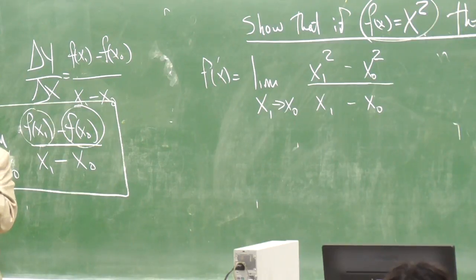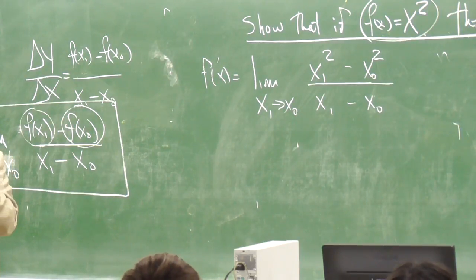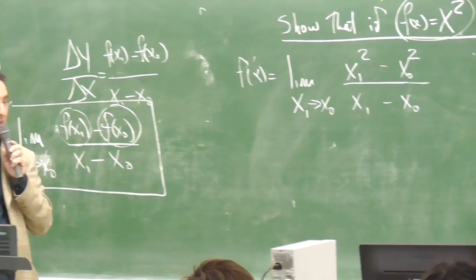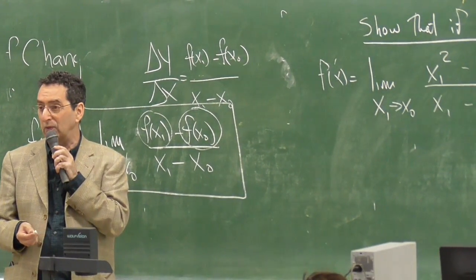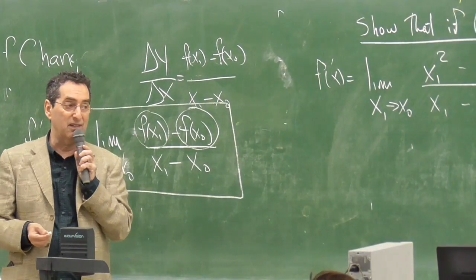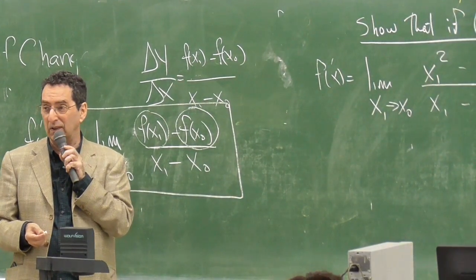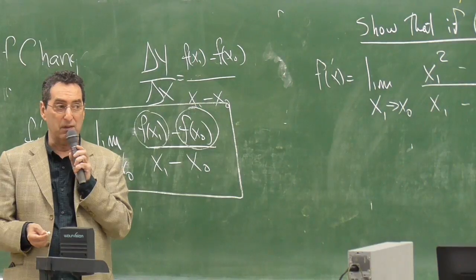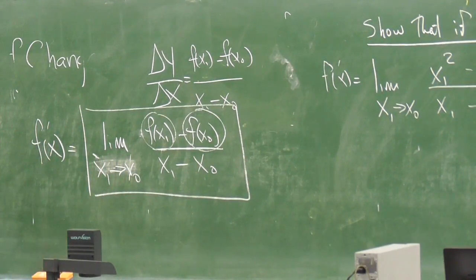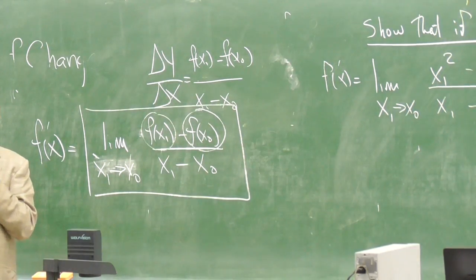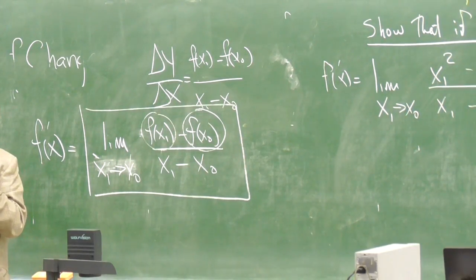Now we could try and do the limit, but we saw that there was a nice thing that happened before, and actually this is the same case as before. It's just that we're not using a specific number anymore. We're not saying specifically at 3. So what nice thing happened before?